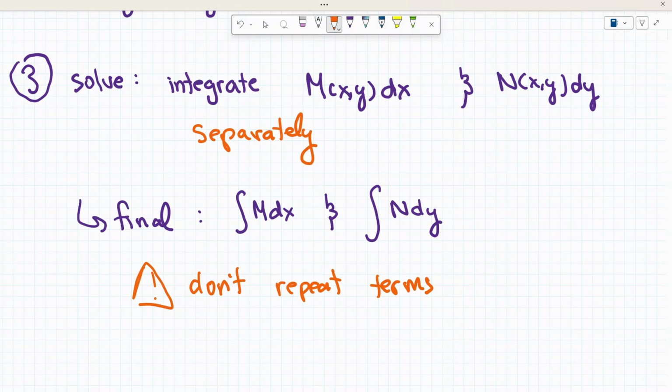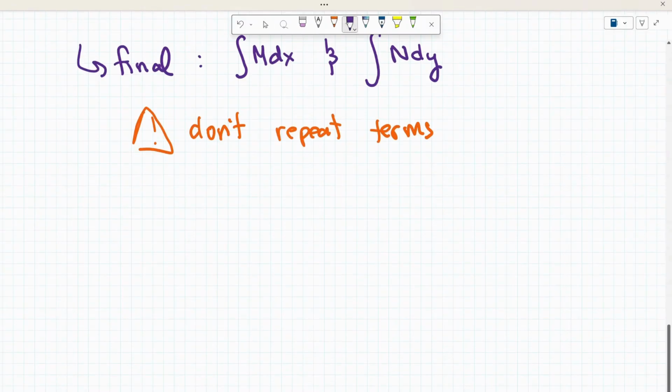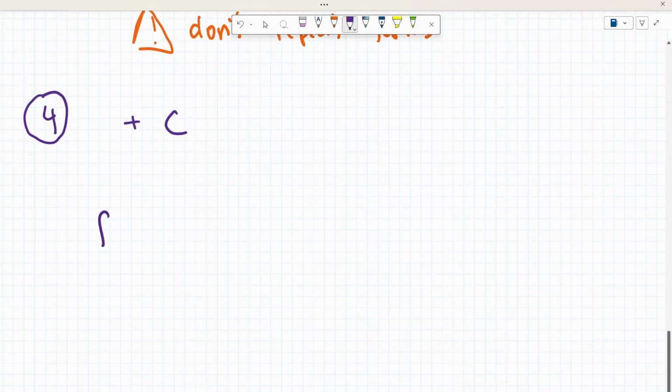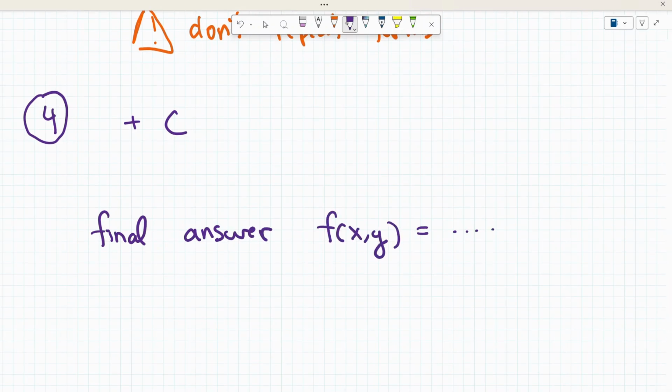And then lastly, our step 4, which I don't even know if it deserves its own step, is make sure you have your plus C value at the end if you have an indefinite integral. Okay? And then your final answer, this is important, will be with respect to our function f of x, y.